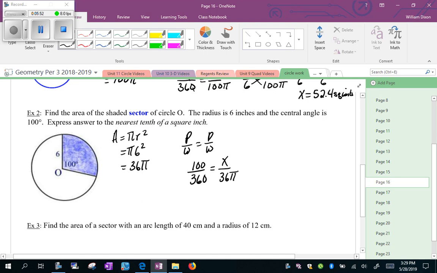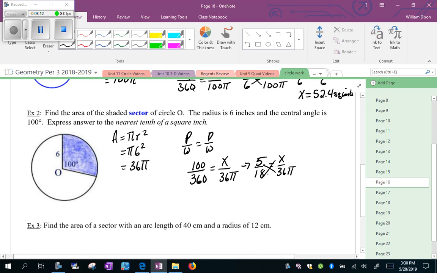I can cross multiply at this point, but I'm going to reduce my 100 over 360 to 5 over 18. And then that's going to equal x over 36 pi.